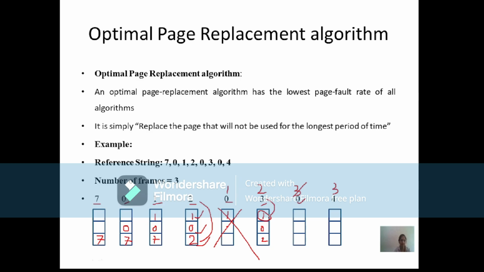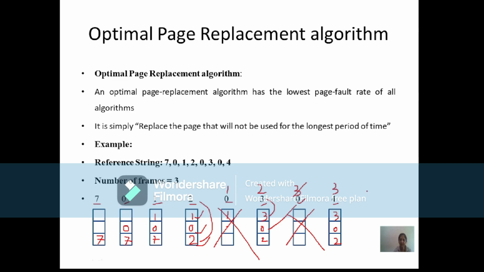So let's do that, and we replace with page number 3. Next, there is a demand for page number 0, and page number 0 is already present in the frame. So there is no page fault. Next, there is a demand for page number 4 and in our frame we have the pages 3, 0 and 2. Now we have to find the victim page.